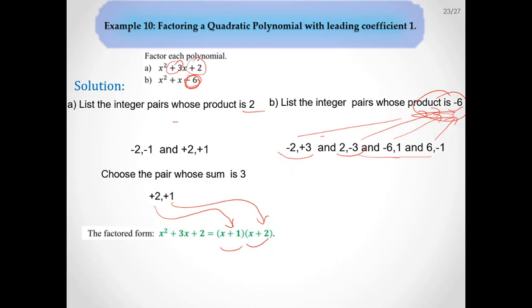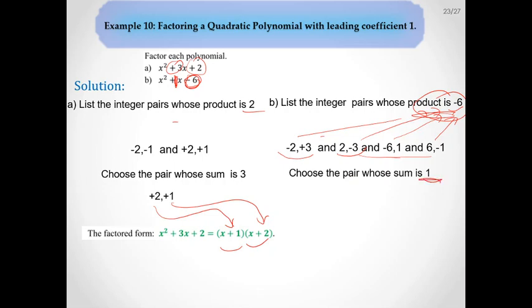And then we have to choose the pair whose sum is plus 1 here. So as you see here, plus 1. If you don't see any number here, it means it's plus 1. So the coefficient of x, the middle term, is 1. So which one gives 1?